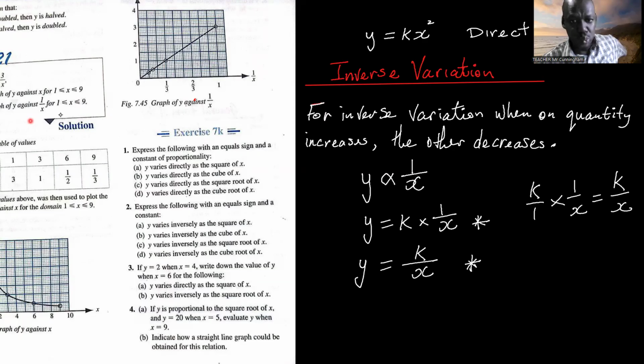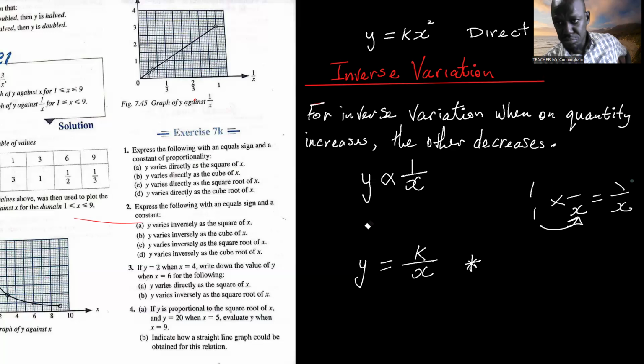So let's look at question 3, part 2. When y is 2, x is 4. Write down the value of y when x is 6 for the following. Part B: when y varies inversely as the square of x. I hope you all are taking this down in your notebooks.